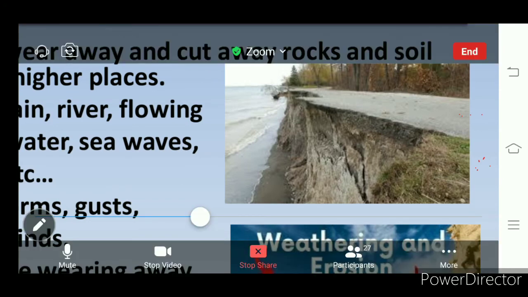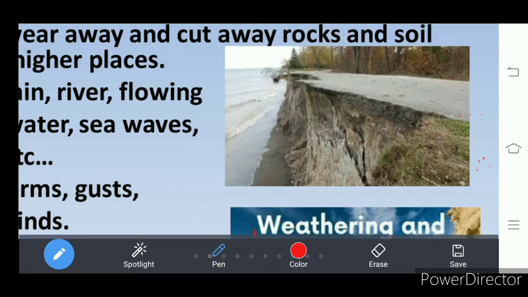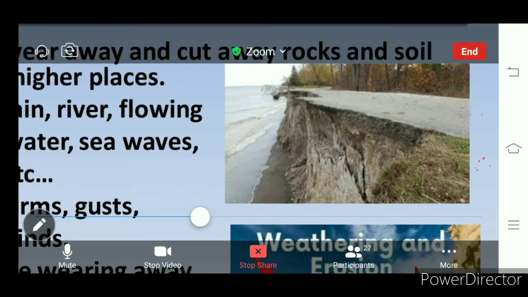So here what happens, you will see that the wind passing from this direction erodes and weathers out this part, and the sea water also continuously hitting this leads to the breaking of the layers of the earth surface. So this landform is transformed into another shape by the water and wind.